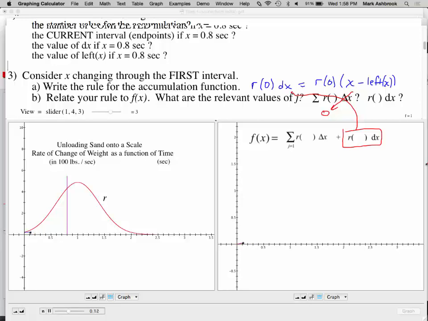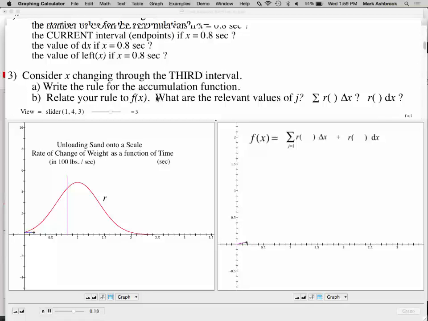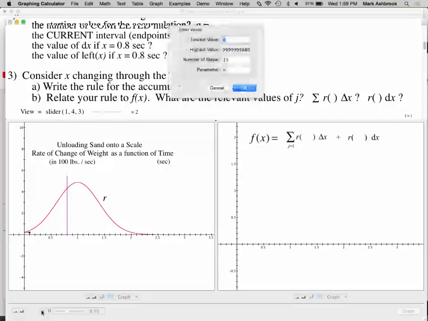Okay, so let's jump to the third interval. I'm going to jump to the third interval here and have you answer the same question. The third interval starts where? 0.6, ends at 0.9.